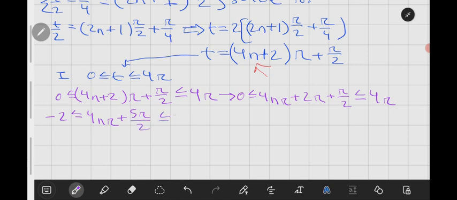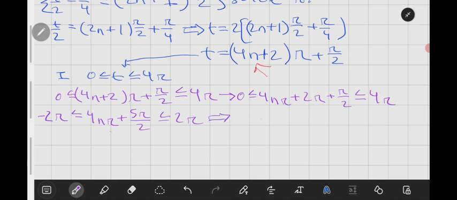My apologies, so our new interval is between -2 pi and 2 pi, where t is equal to 4n pi plus 5 pi over 2. Now, we are going to factor out our terms of pi so that we can remove it from our equality entirely.